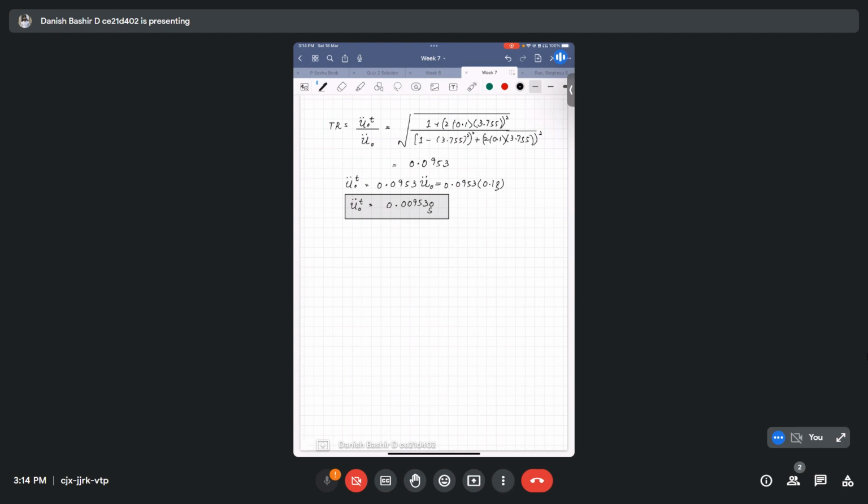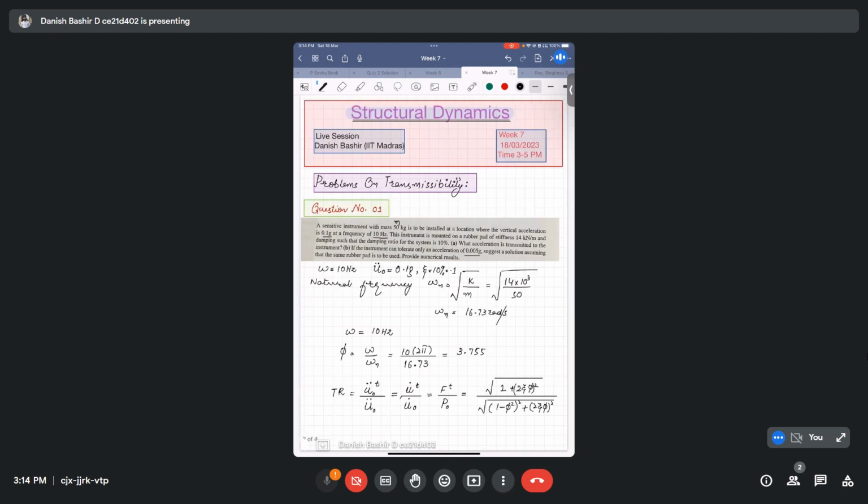So we have to play with either the mass of the system or the damping of the system. We can reduce this transmitted acceleration by increasing the frequency ratio, omega by omega n, which requires reducing the natural frequency.